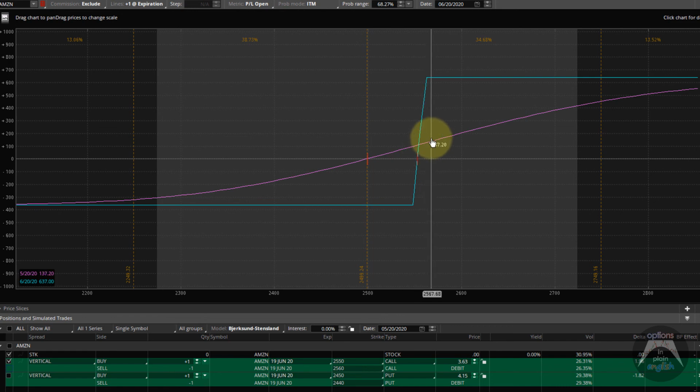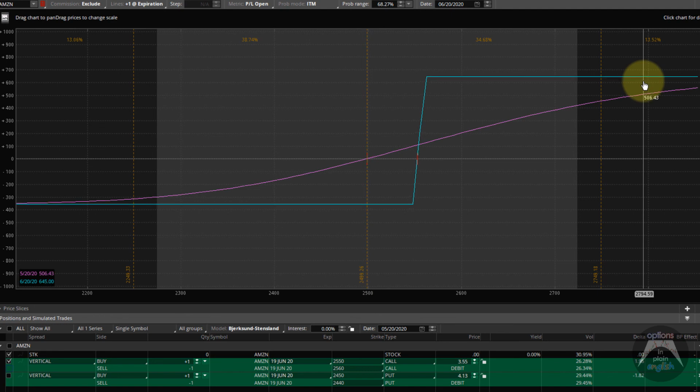If it goes much higher than 2560, then it's going to be approaching the expiration line. At this point, there's only a few dollars remaining to be made, so you might consider taking that position off and redeploying somewhere else.